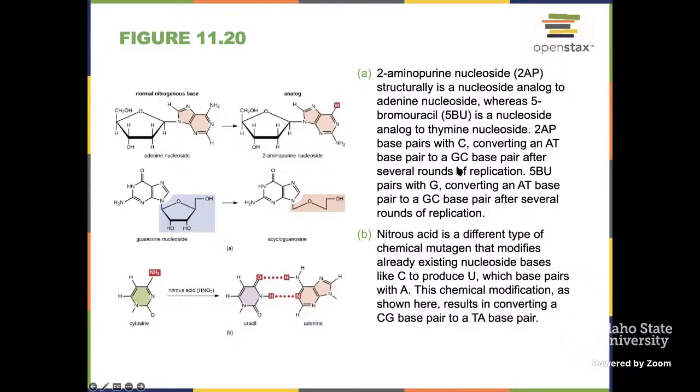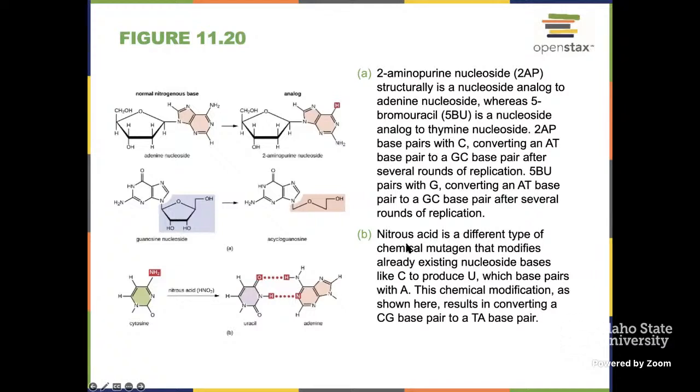So in both circumstances, we're getting guanines and cytosines where it should be adenines and thymines. And that in turn, a point mutation, causes, depending upon where this is happening, differing amino acids. They may be silent or they may not, creating issues.